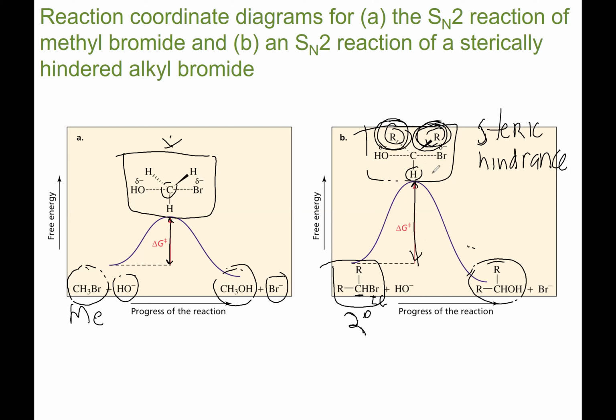And the bigger the barrier, the slower the reaction, right? So the more groups you have around the alpha carbon, the more strained the transition state's going to be, and the higher the activation barrier, the slower the reaction. So remember, the order of reactivity in SN2 reactions is methyl is greater than primary, is greater than secondary, is much greater than tertiary. Okay.